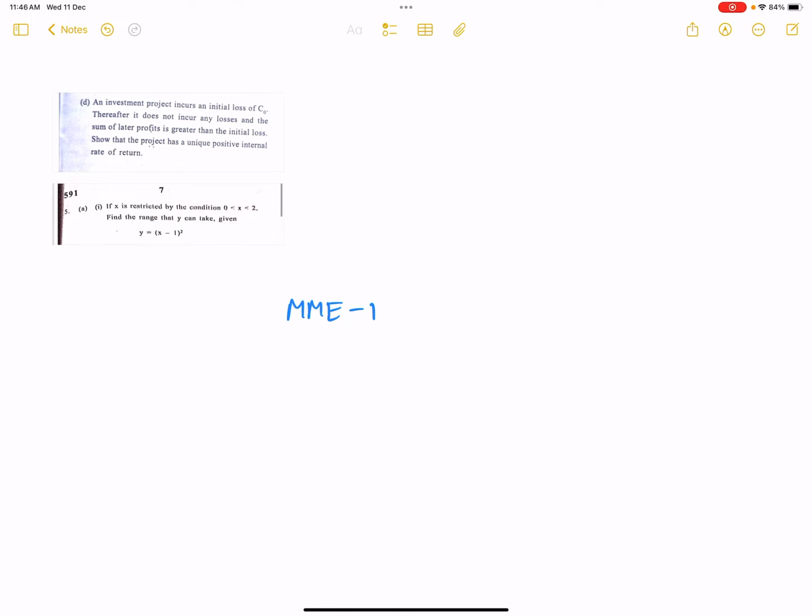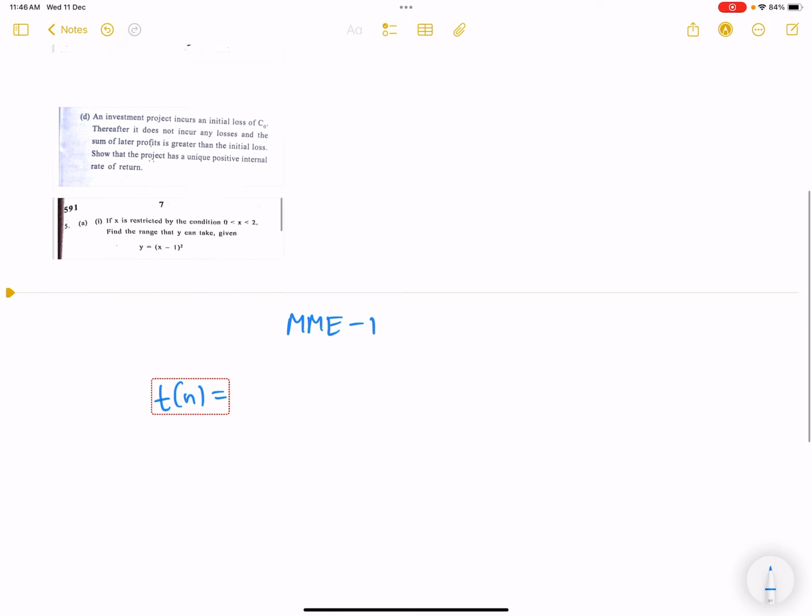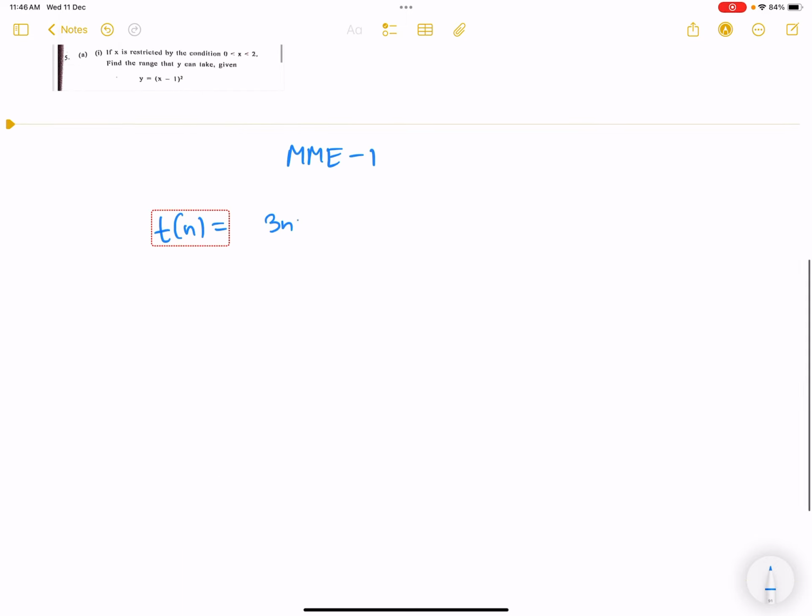We have T(n) equals (3n plus 15) upon (n plus 1), where n is greater than or equal to 1. Now the first order derivative, we will use the quotient rule.